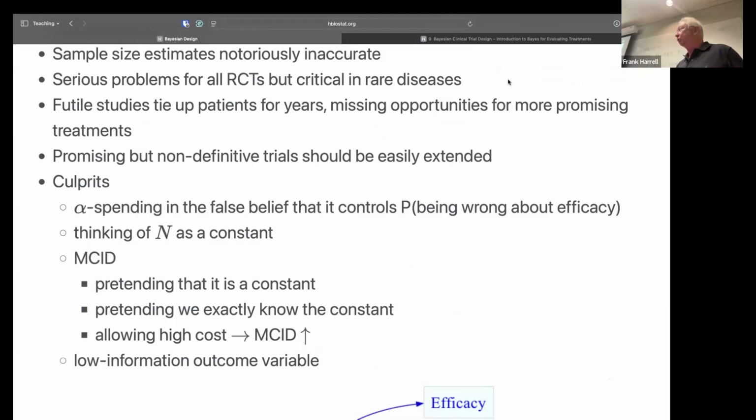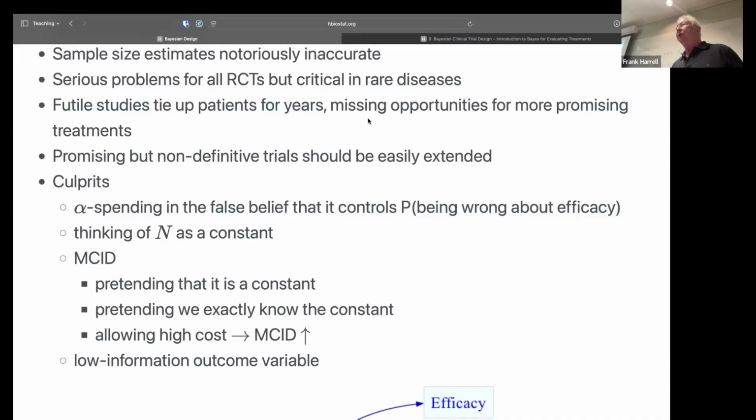Once you get into rare disease where it's hard to recruit enough patients, things are more acute. Futile studies tie up patients for years. If there's no available treatment and you're using hopefully the first effective treatment in a rare fatal disease or a neurodegenerative disease like ALS, a trial that's going to end up being futile is going to tie up patients for 2, 3, and 4 years, sometimes 5 years.